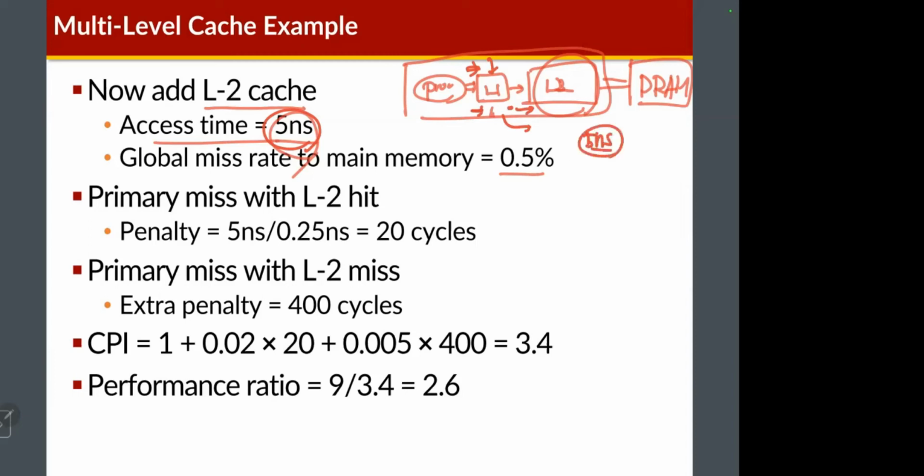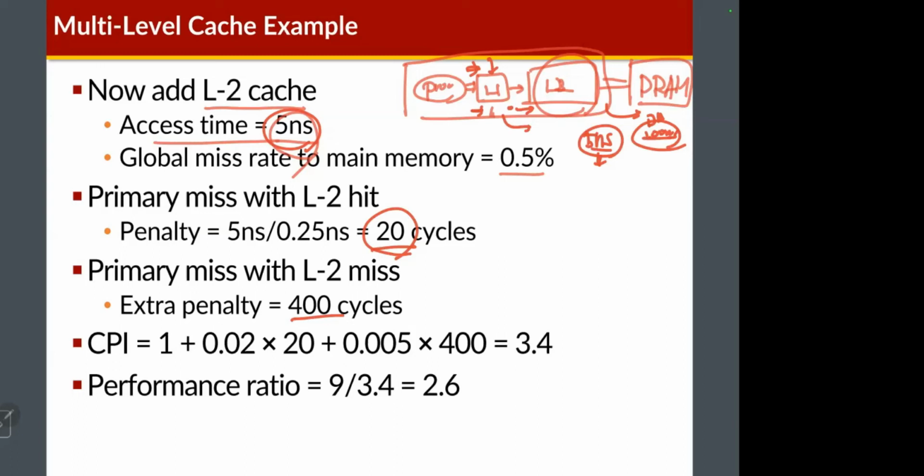Then what is the penalty? We can calculate this 5 nanoseconds in clock cycles. That is 20 cycles. This latency is the same. The DRAM latency is 100 nanoseconds. When this request is missed in L2, what is the miss penalty? It's 400 cycles. It's the same.